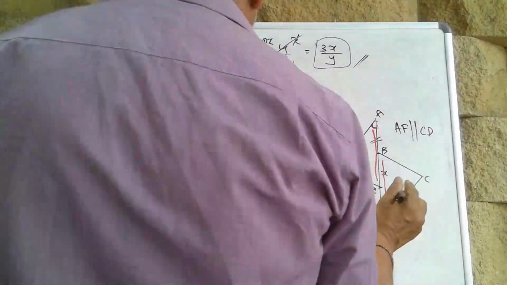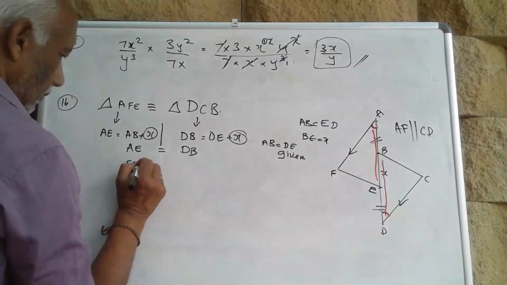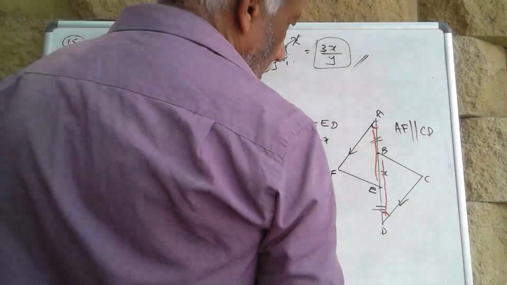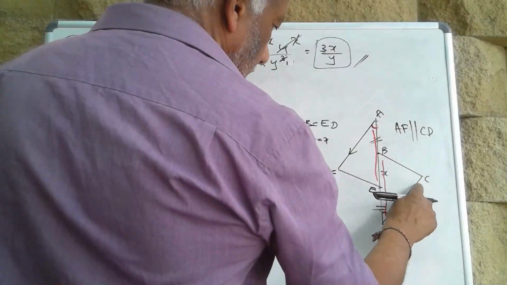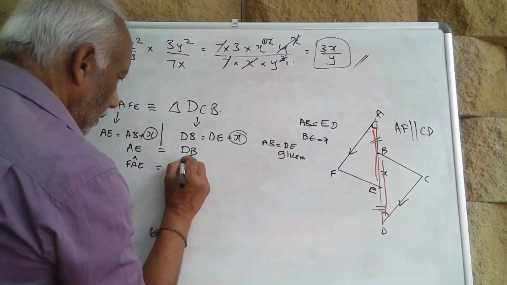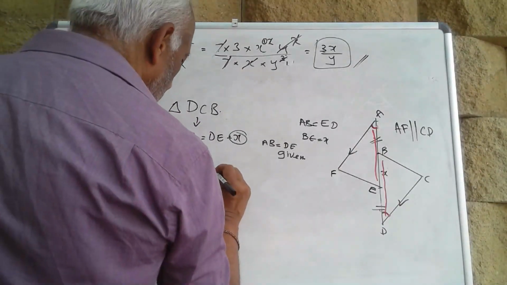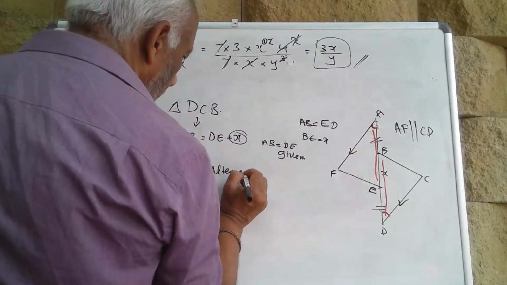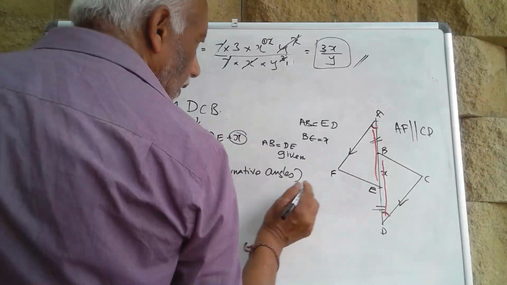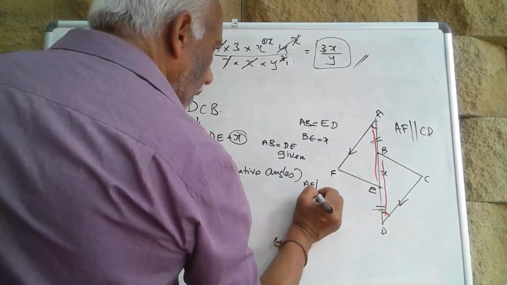So angle FAE is equal to angle CDB, which they call Z angles, or you can even call it alternative angles. I always call it alternative. Why? Because you can write AF parallel to CD. So that's another one.